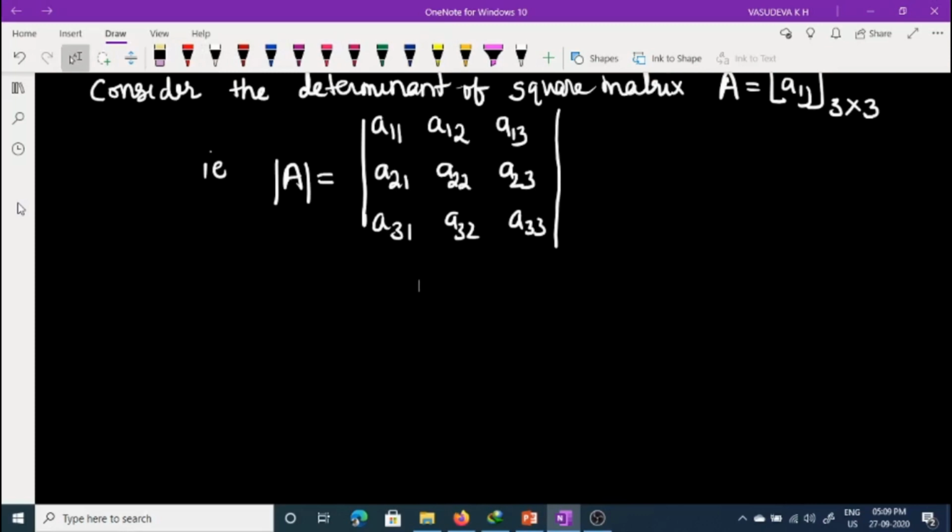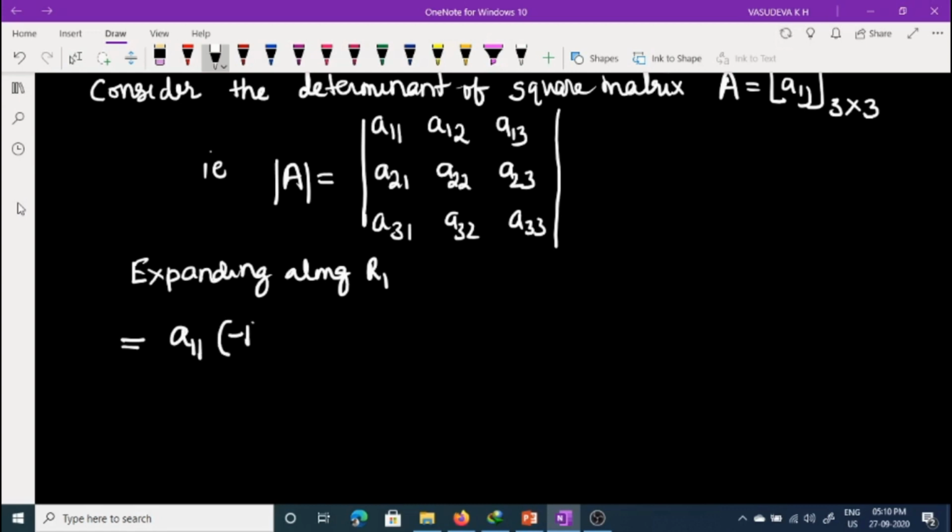Here, expanding along the first row, expanding along R1. Now take the elements of R1, A11 multiplied by minus 1 to the power of 1 plus 1.